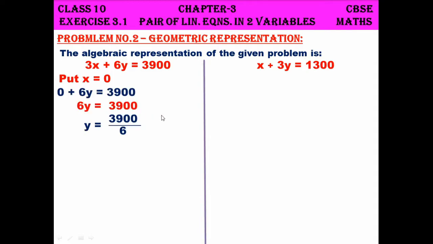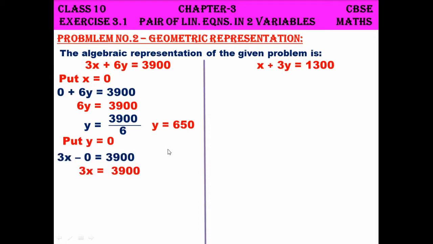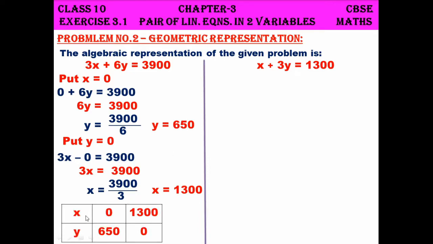When I simplify this, I get y equals 650. So x equals 0, y equals 650 is my first set of values. Next, let me substitute y equals 0 so that I get 3x equals 3,900, which on simplification gives x equals 1,300. Now let me tabulate these values: when x equals 0, y equals 650; when y equals 0, x equals 1,300.